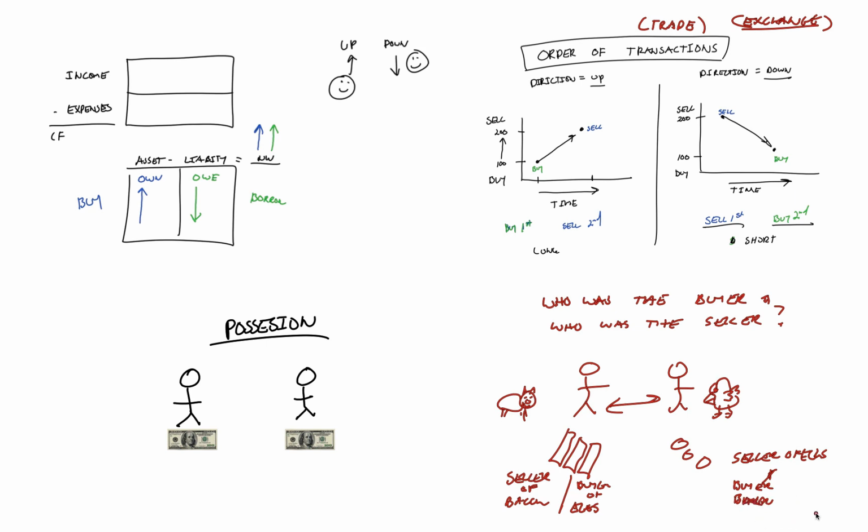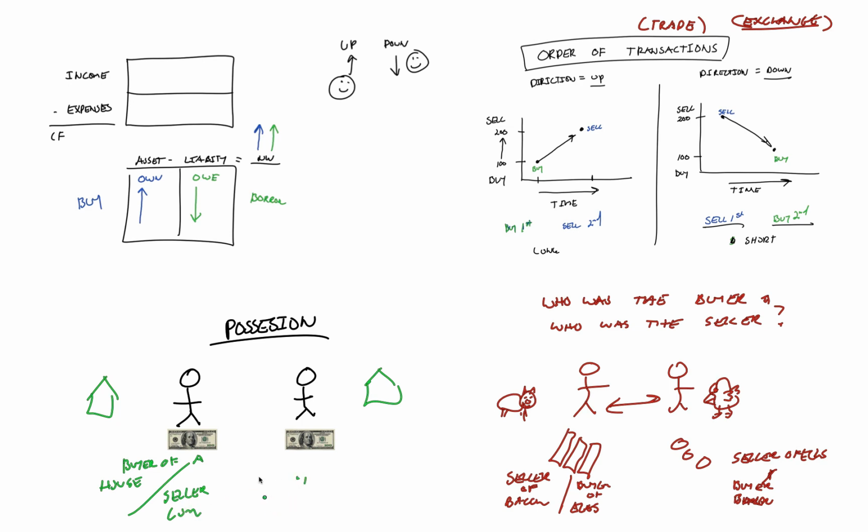So think about both these guys now with money. They both might go out and let's say they want to buy a house. And they both buy a house. Well, this guy was a buyer of a house, but he was also a seller of currency.